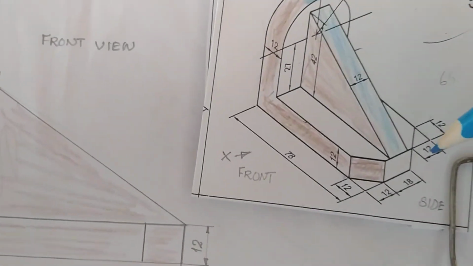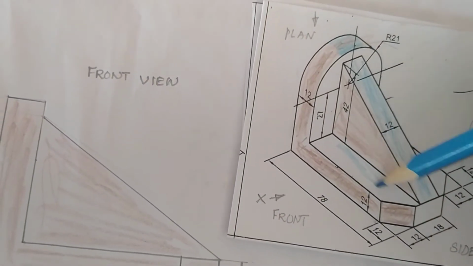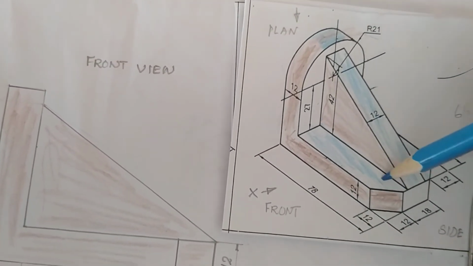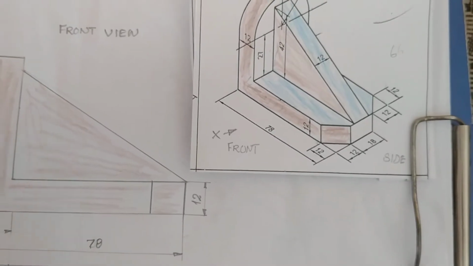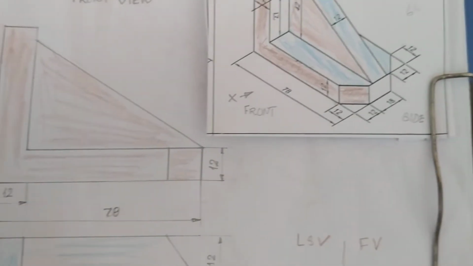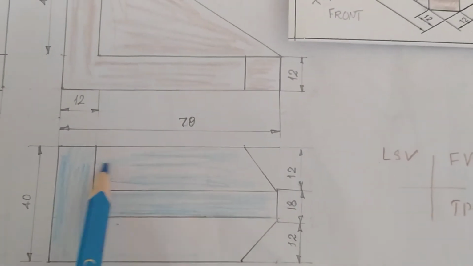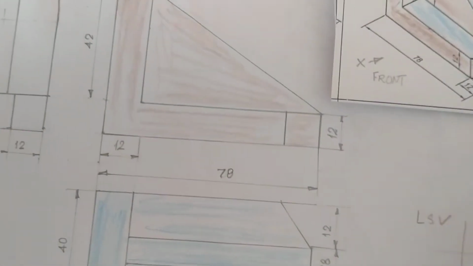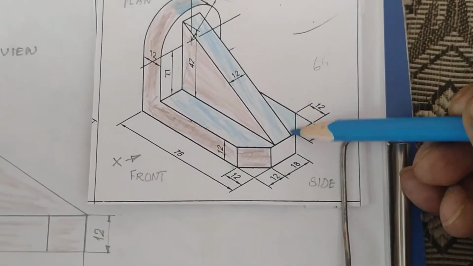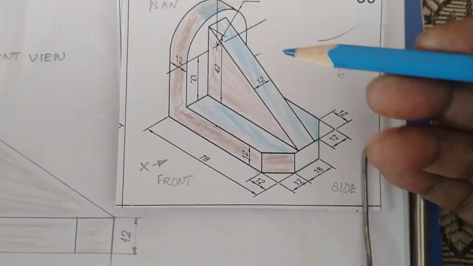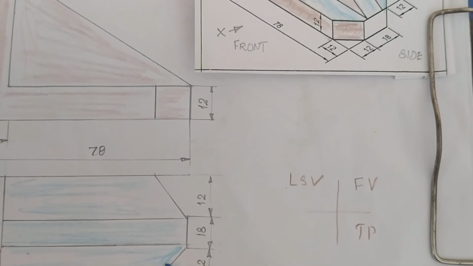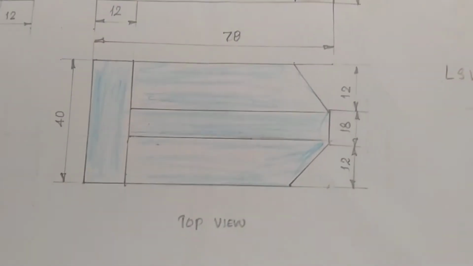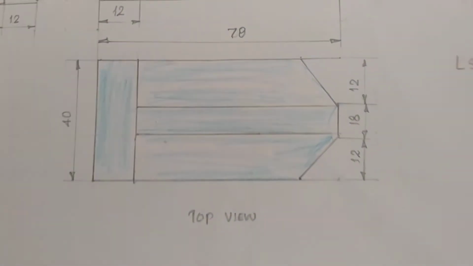Then this portion is visible, again this portion, and this is also visible here, and this slant, 12 mm inside, is tapered. So this is the top view of the object.